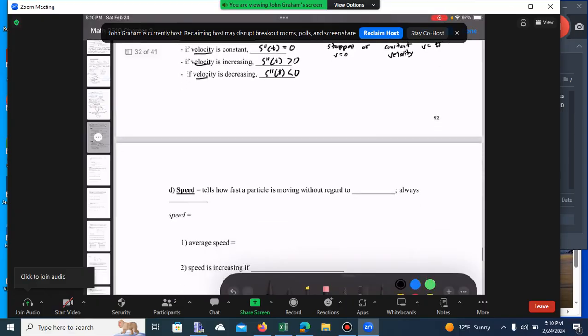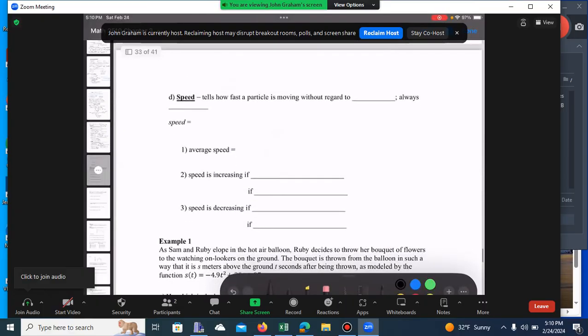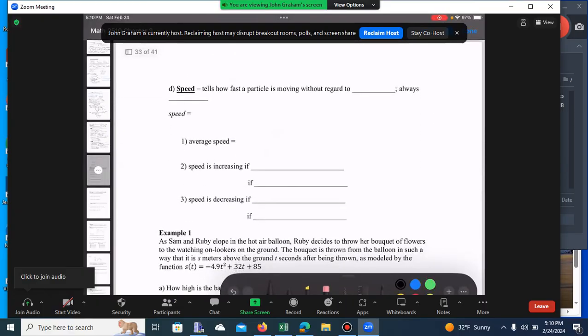Speed tells us how fast a particle is moving, regardless of direction. It doesn't matter which way you're going, it's just how fast, the number. This is always positive.